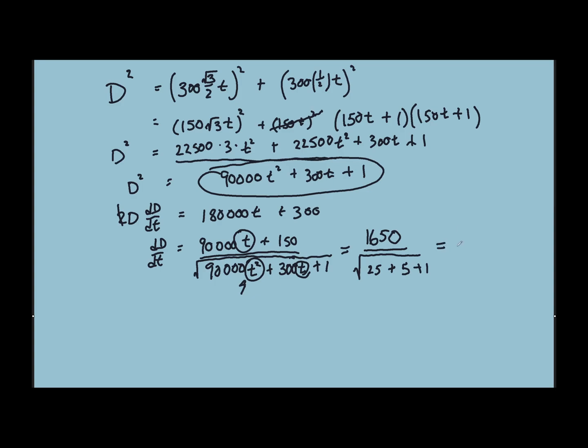So I think what we're going to end up with here is 1,650 divided by the square root of 31. And if I put that into a calculator, the answer I get here is 296.35 kilometers per hour. So let's see if that makes sense to us.